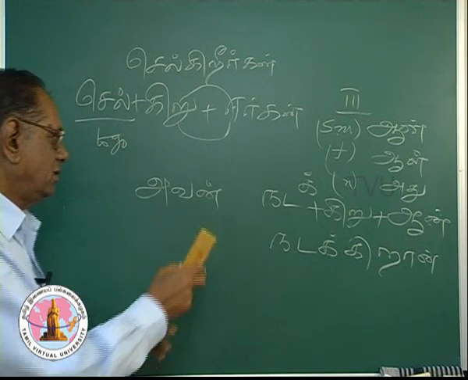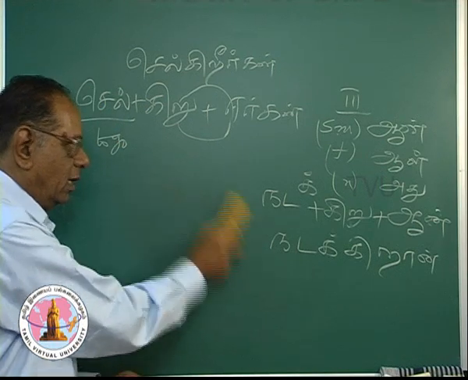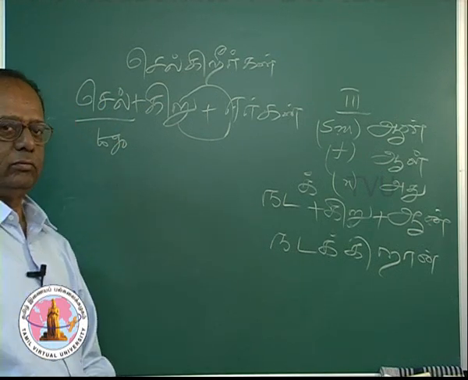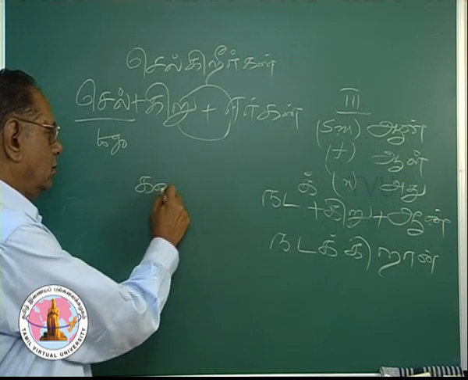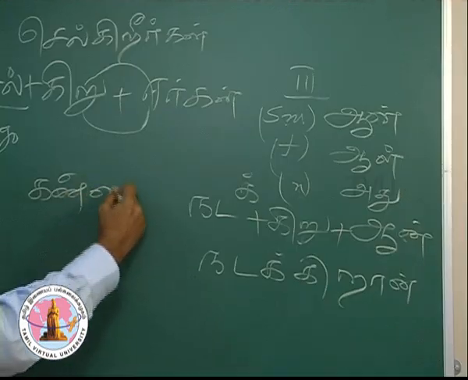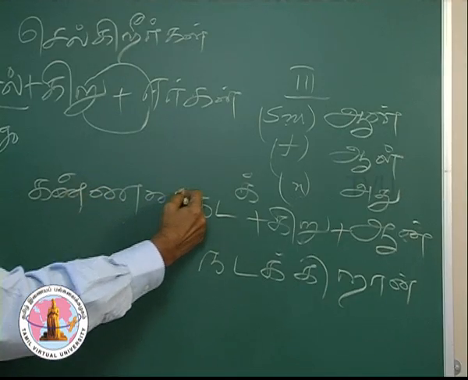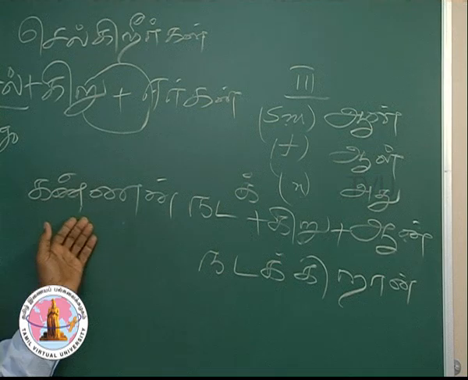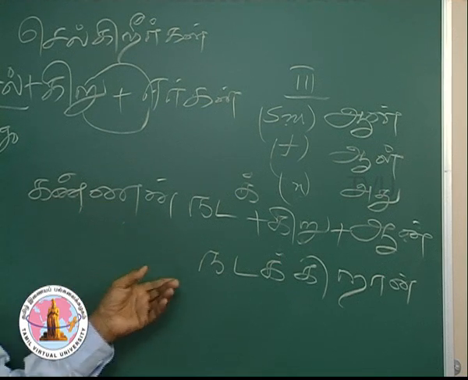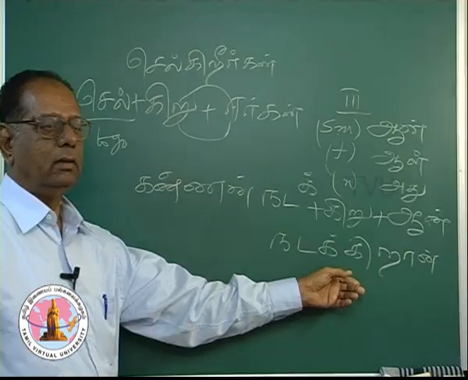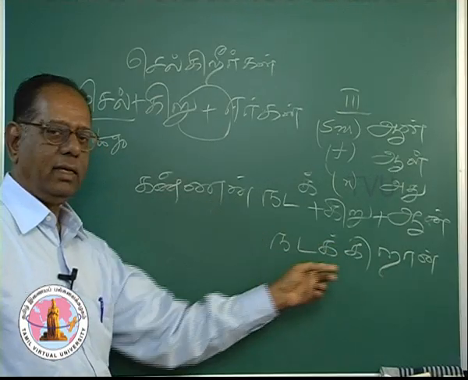Now I replace this and put a proper noun. கண்ணன் is a proper noun. கண்ணன் நடக்கிறான்.